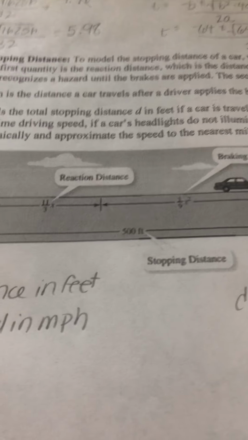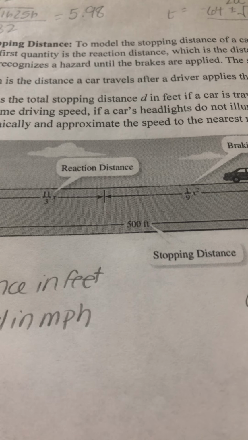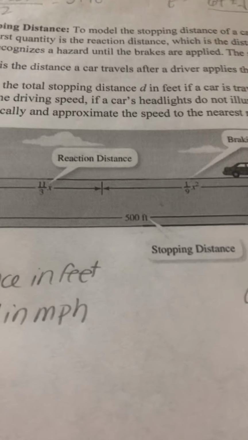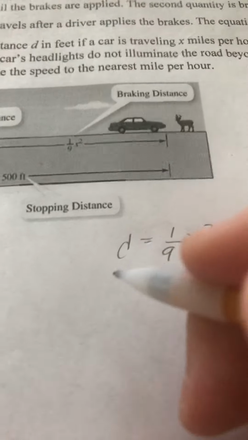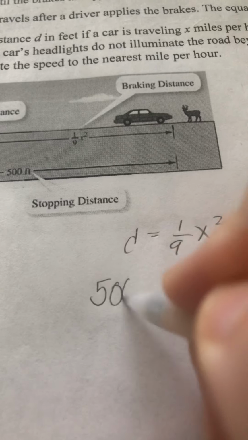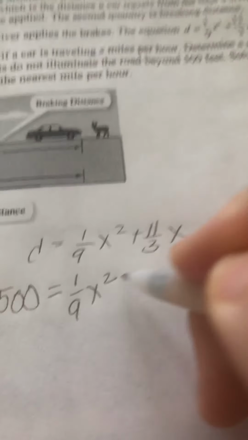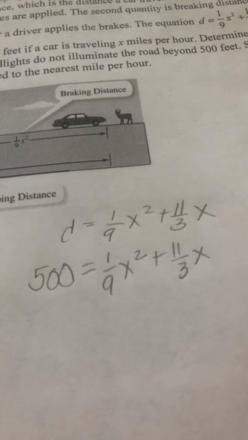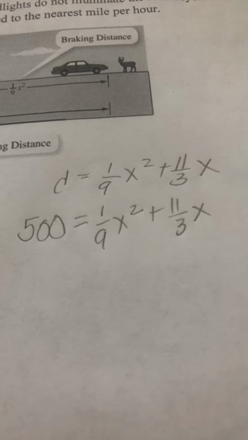So you'll be solving for X because they want the driving speed. And they give you the distance is 500 feet because the headlights do not illuminate beyond 500 feet. So 500 is being substituted in for the distance. And you're solving for X, which is the speed.